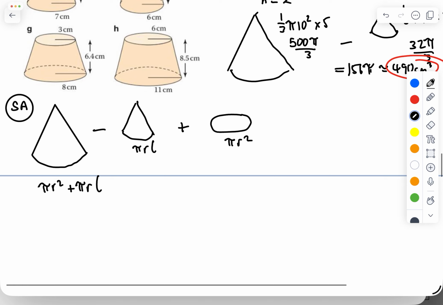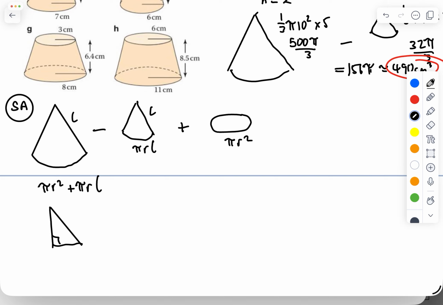Right, okay. So I need to know what L, the slanted length, is for the big one. So I know that it is 10 wide and it's 5 tall. So we use Pythagoras. I've got 5 squared plus 10 squared, that's 125.